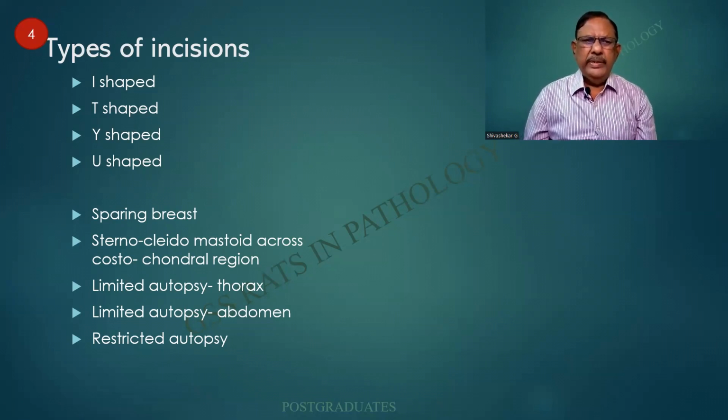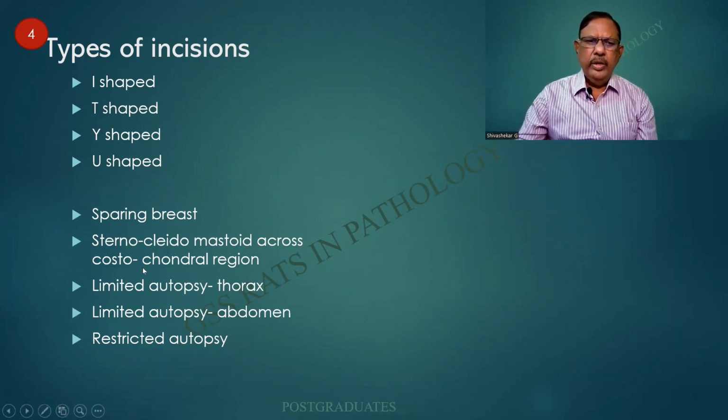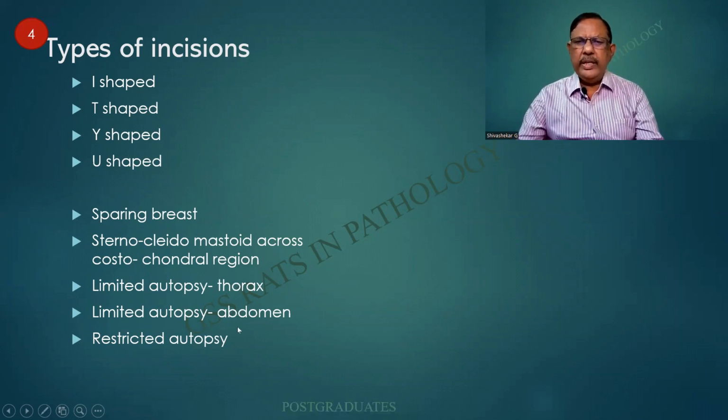Apart from that, there can be a sparing breast incision, or there can be an incision from the sternocleidomastoid along the costochondral region. I shall be showing you what it is. Limited autopsies are there, and also there can be a limited autopsy of the abdomen or thorax. Restricted autopsy is a different terminology.